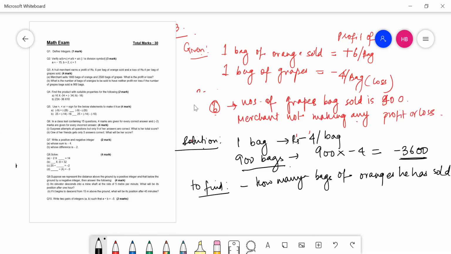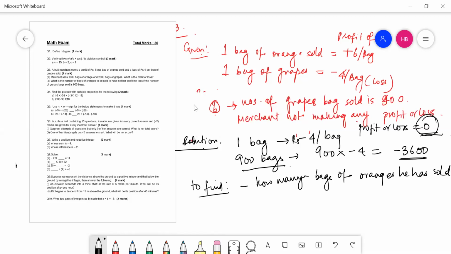Okay, so I already know that he's making 3600 of loss. So to make no profit, no loss, he has to make a profit of 3600, right? Then only I will get minus 3600 plus 3600 equals 0. So profit or loss equals 0, it's already given in the question.